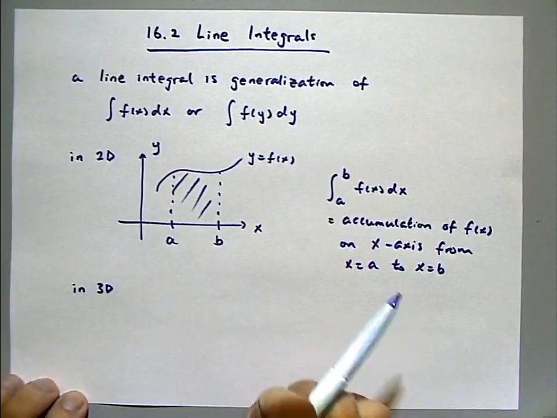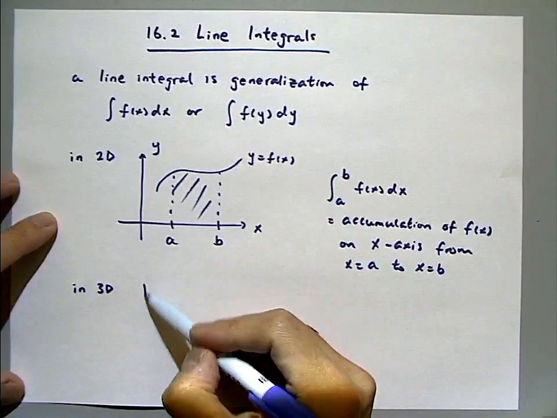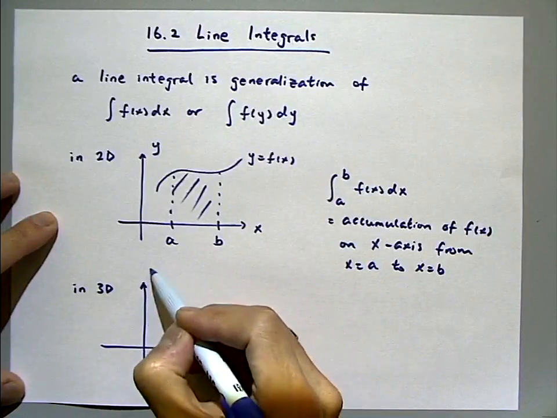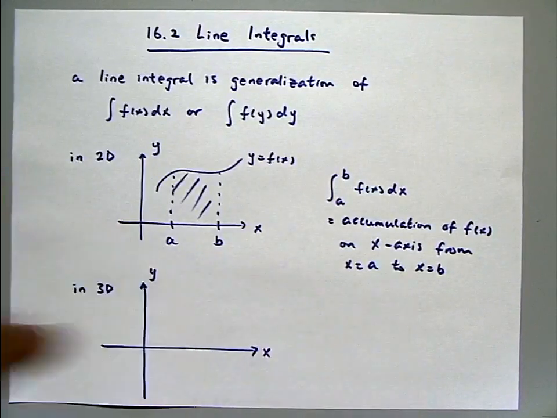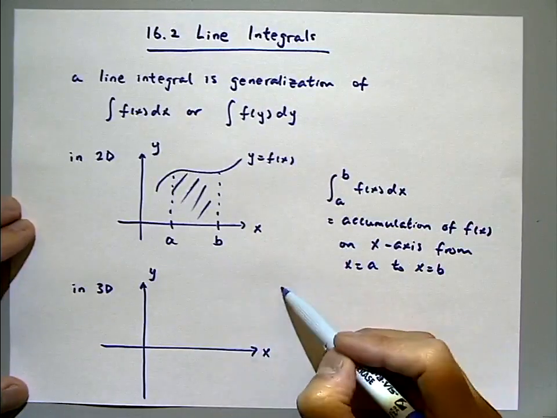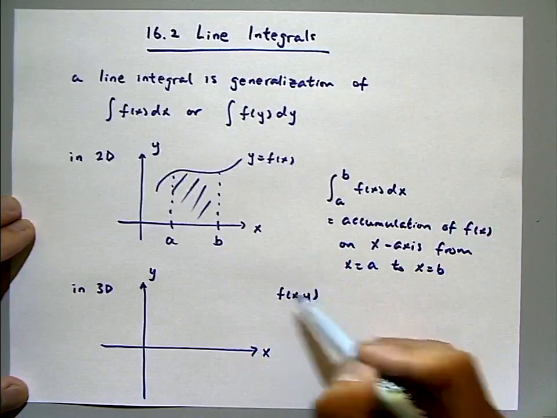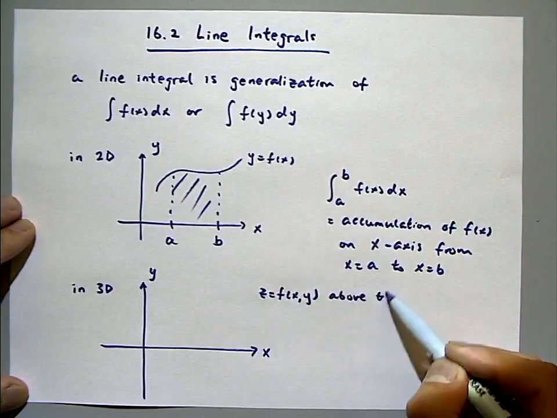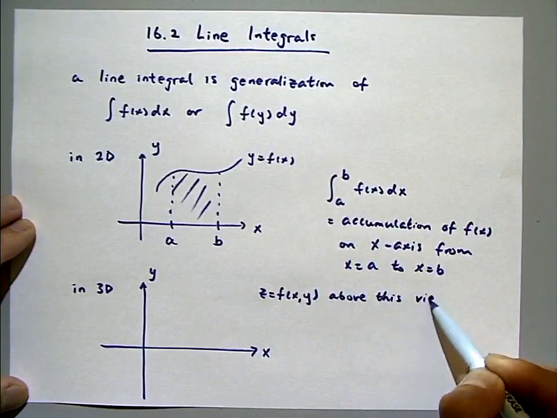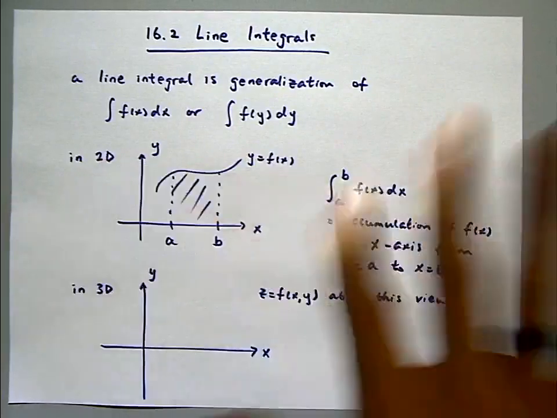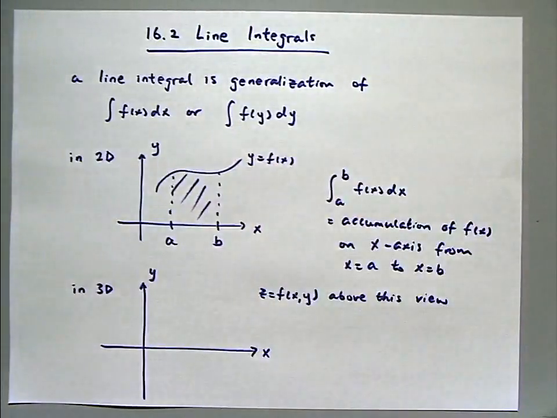Now in 3D, we've got to remember that we have some kind of height over this picture now. So imagine you have z is equal to f of x, y, something that's above this plane right here.